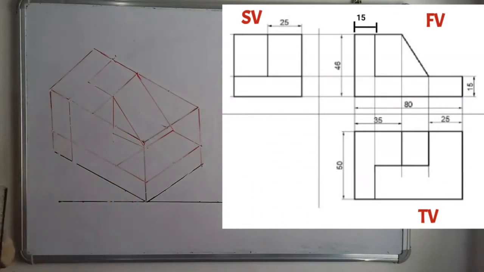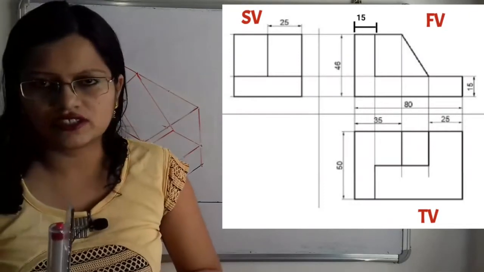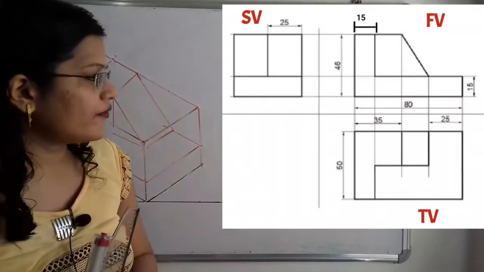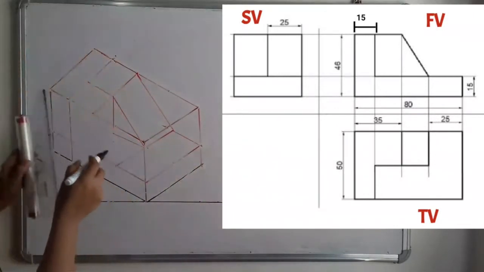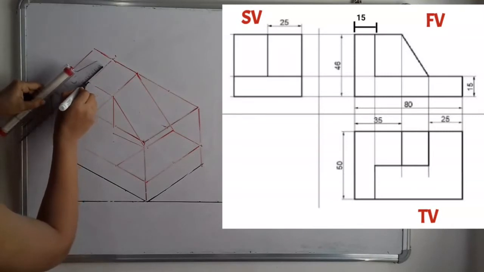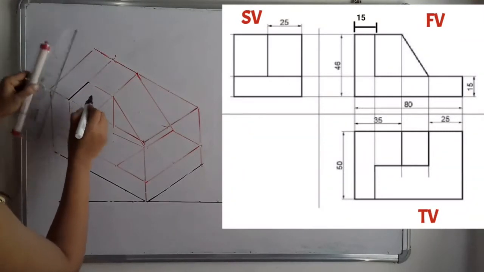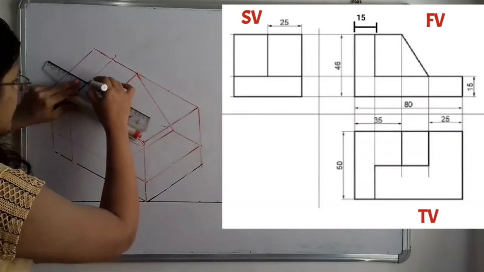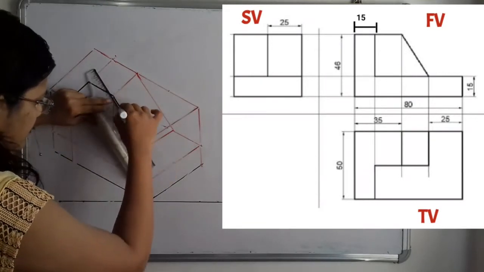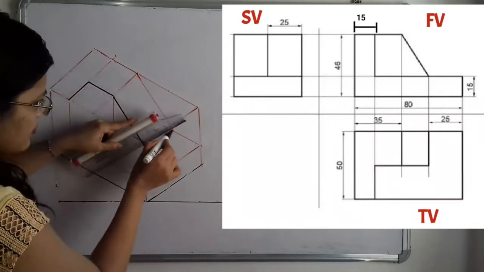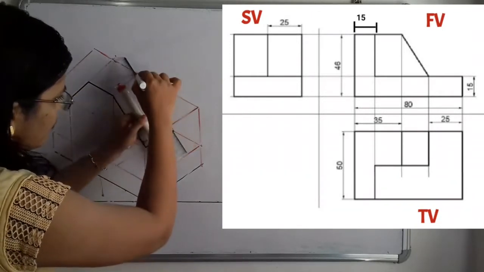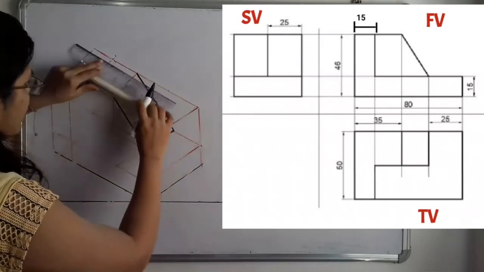Now we will highlight what is the actual construction. So if we observe the top view, the construction can be clearly seen. So this is the construction which can be clearly seen. So first I will complete this top view. So this slope can be clearly seen from the top.